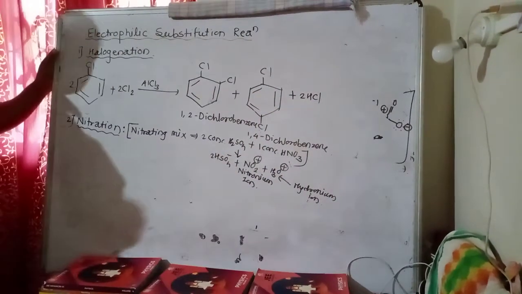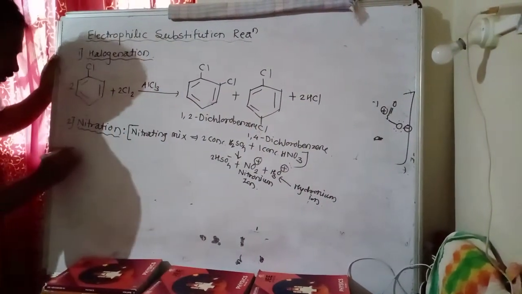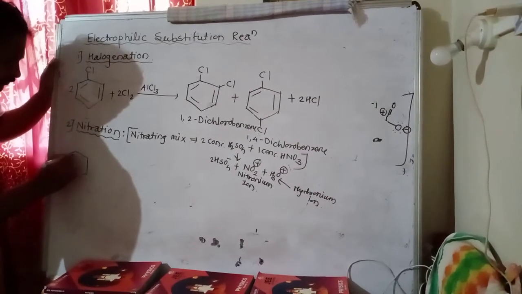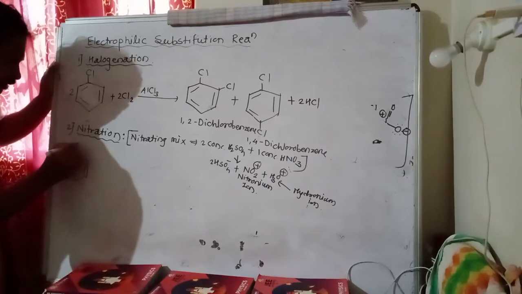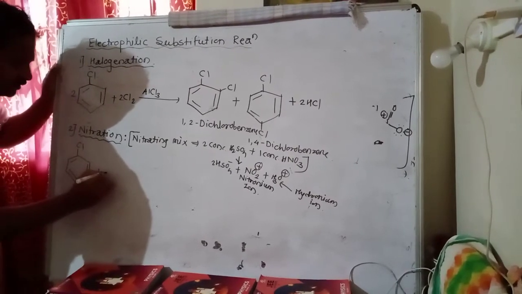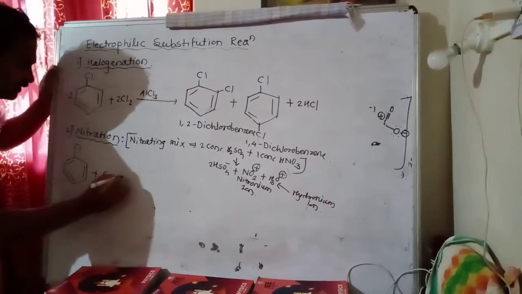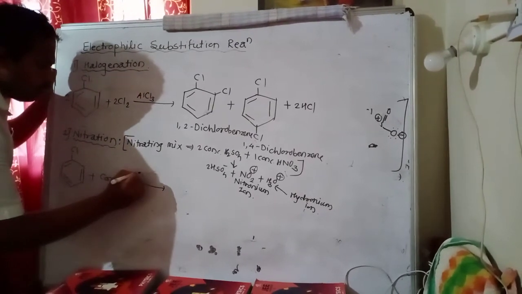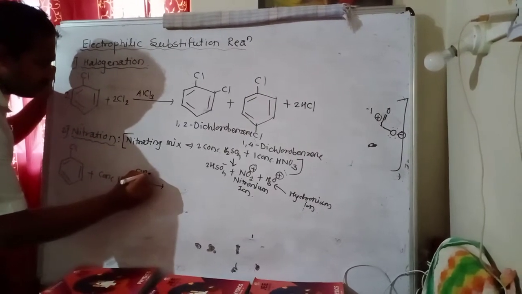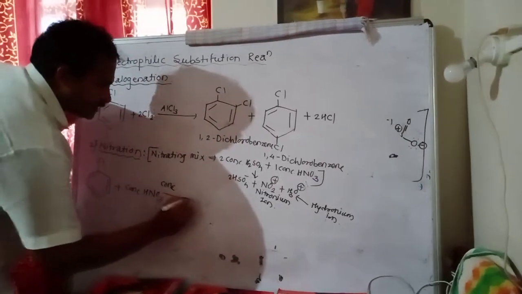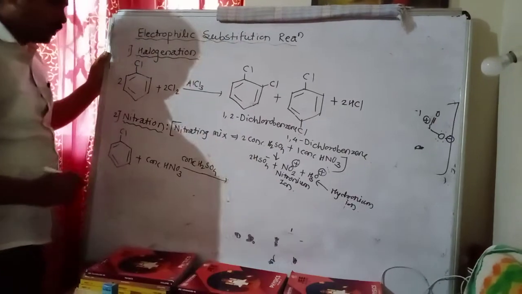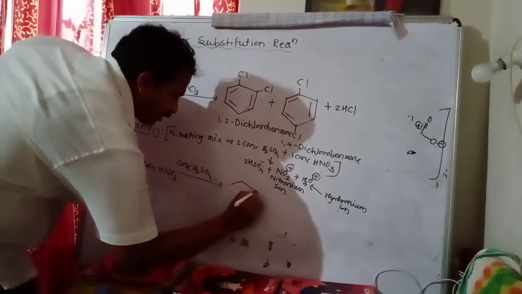Students, when chlorobenzene is reacted with concentrated HNO3 in presence of concentrated sulfuric acid H2SO4, we get 2 products.